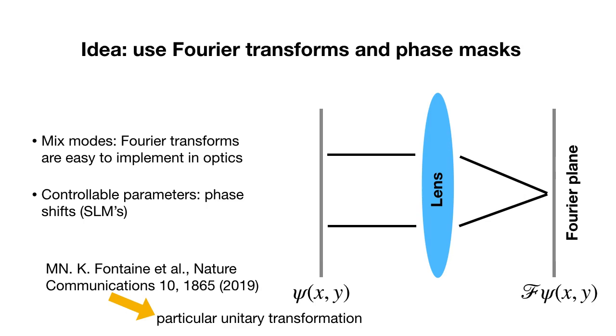So one idea is to use a sequence of Fourier transforms and phase masks. Fourier transforms are very easily implemented in optics. For example, with a lens, we know that for any input image, in the Fourier plane we will obtain the Fourier transform of the input image. On the other hand, phase shifts are also very easy to implement, for example with spatial light modulators, and furthermore we can control them.